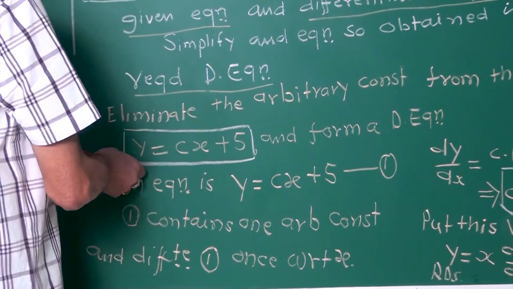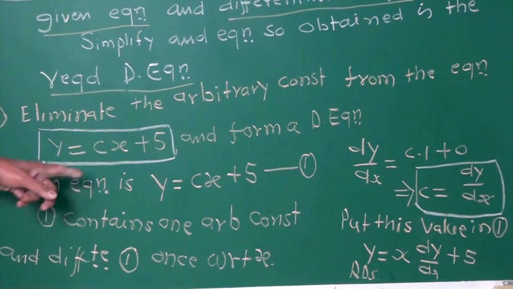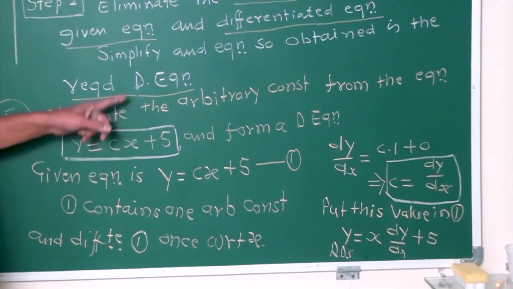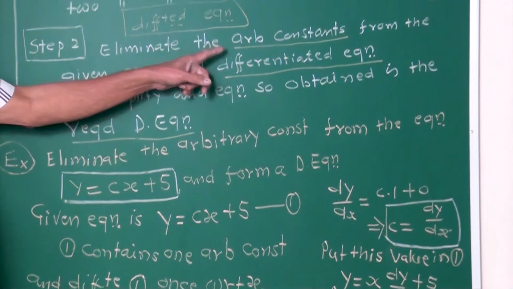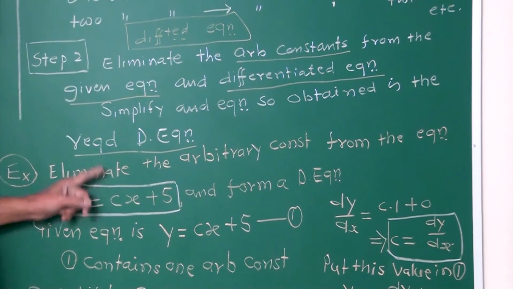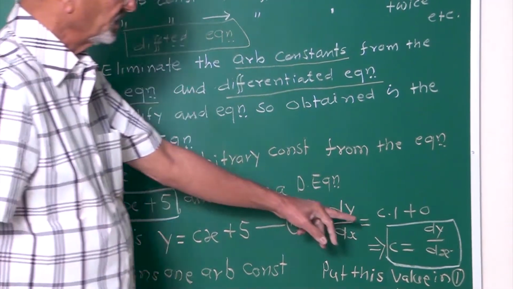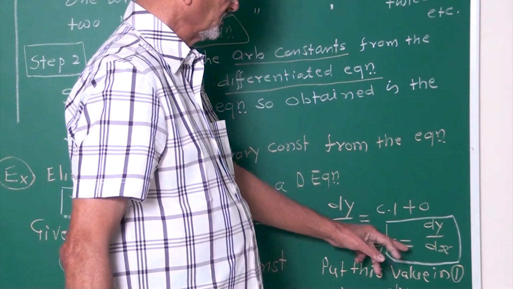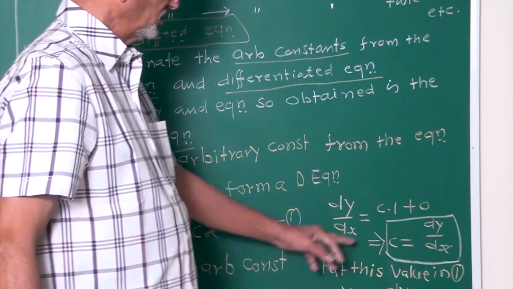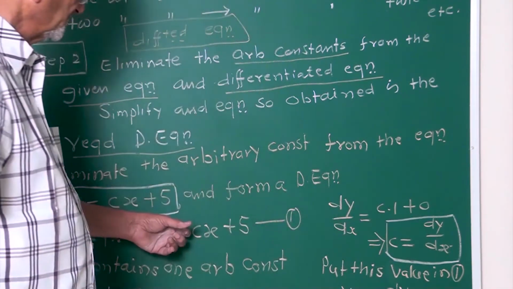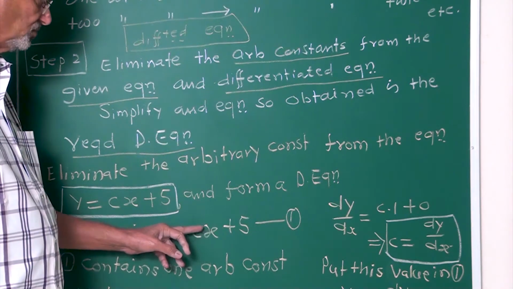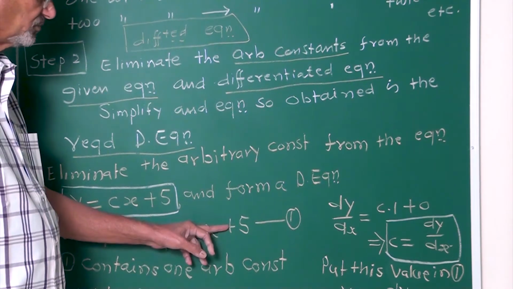Now it remains to eliminate c, the arbitrary constant, from the given and differentiated equation. This is differentiated. Eliminate c means you have to put the value of c. Yes, put this value of c in equation 1. This is given. Yes, it becomes what? Y equal to x into c, which is dy by dx, plus 5.